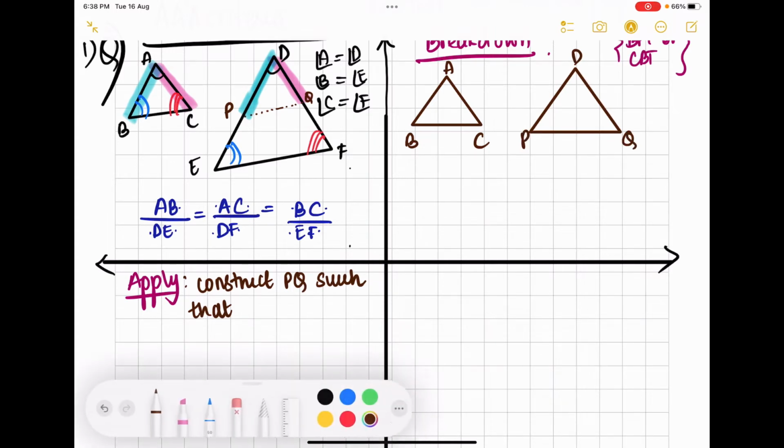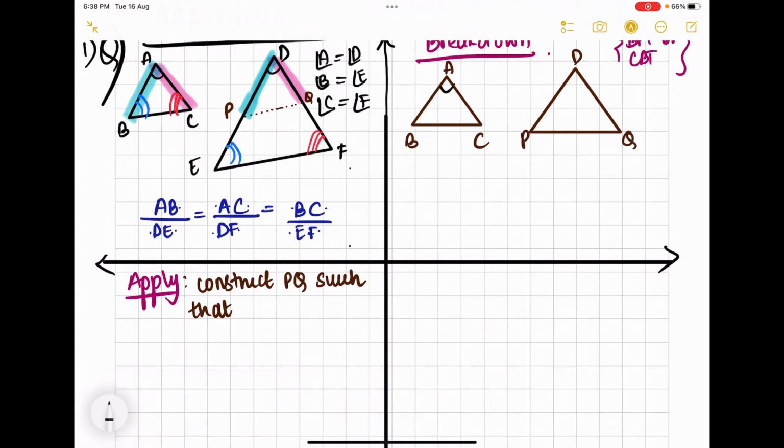It is already given in the problem that angle A is equal to angle D, and we have AB equal to DP by construction, and the pink line AC will be equal to DQ. When I draw a single line, it means that this is equal to this. Similarly, I use a double line when there's another pair of equal lines.